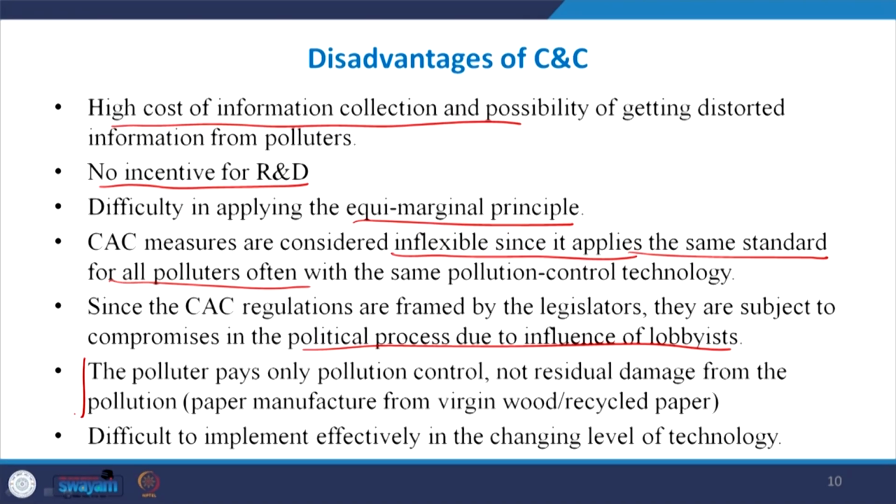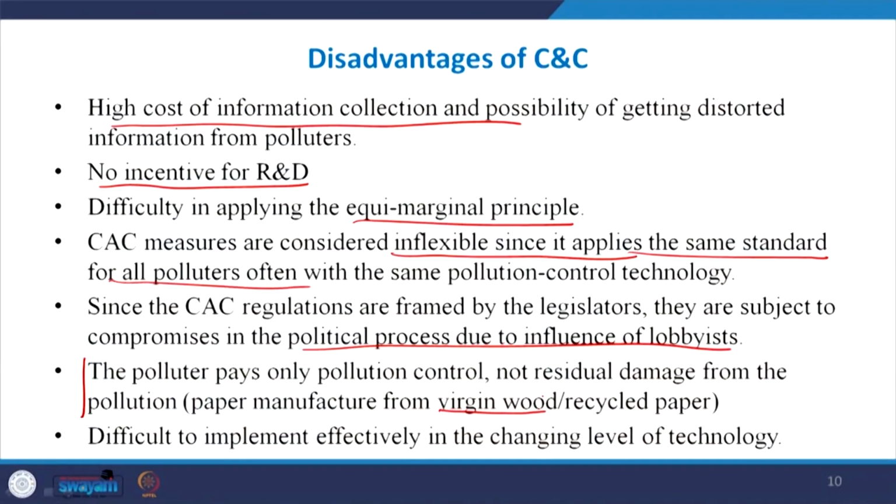Let me take a simple example. Think of paper manufacturing. Paper can be manufactured from virgin wood, forest wood, or recycled paper.